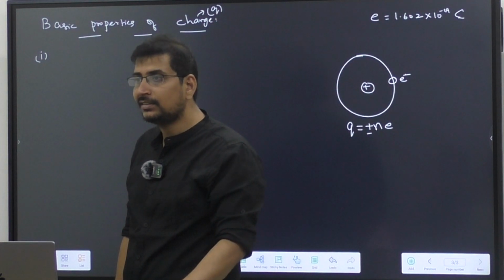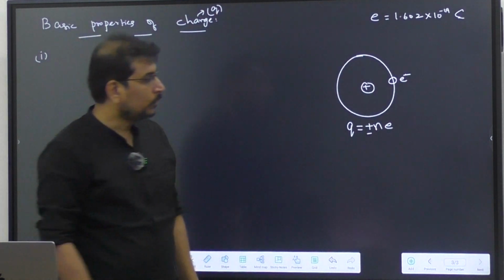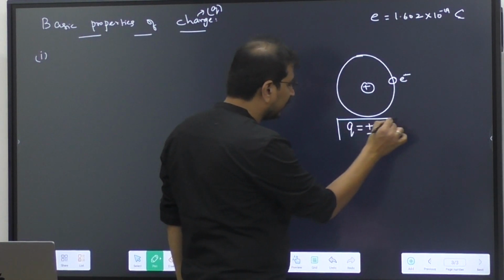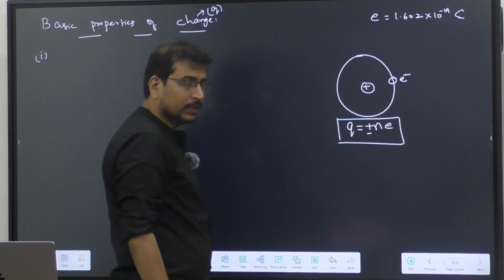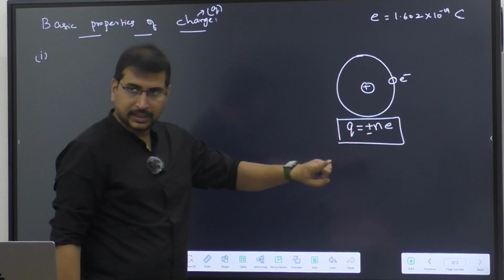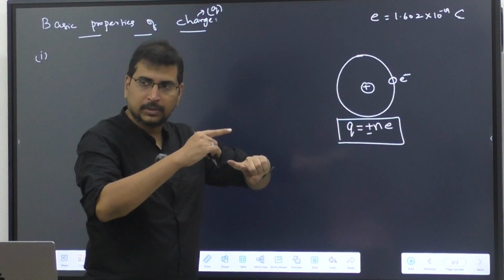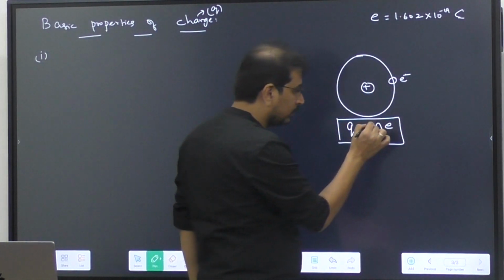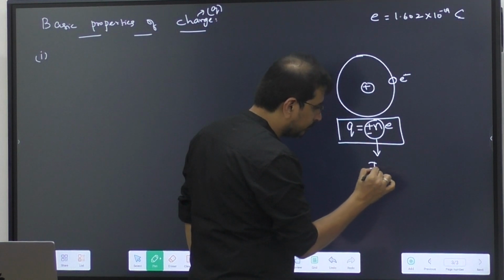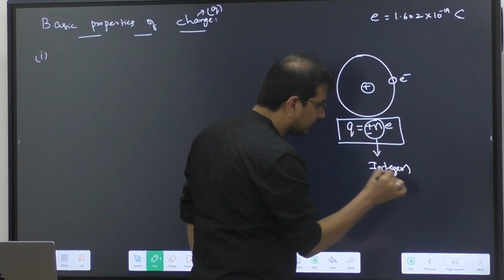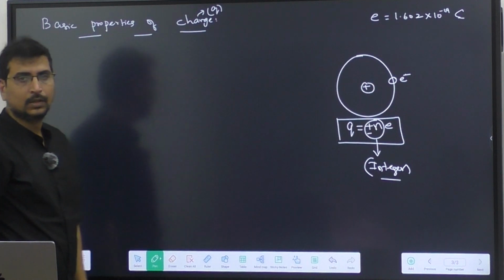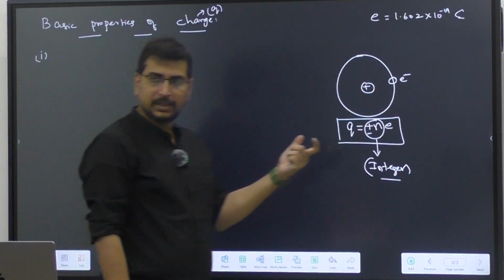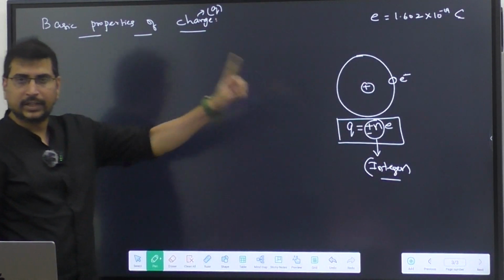If it is minus Ne, it has gained electrons. So if I look at this mathematical expression, right? Small n, I told you it is a natural number. To a natural number, if you add a plus or minus sign, it becomes an integer.